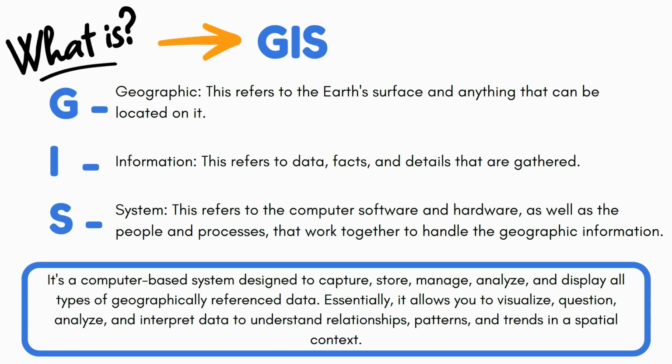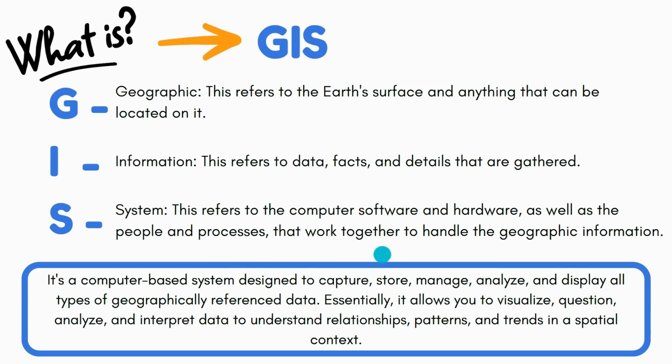And system refers to the computer, software, and hardware, as well as the people and processes that work together to handle geographic information. It's important to note that it's a computer-based system designed to capture, store, manage, analyze, and display all types of geographical reference data.